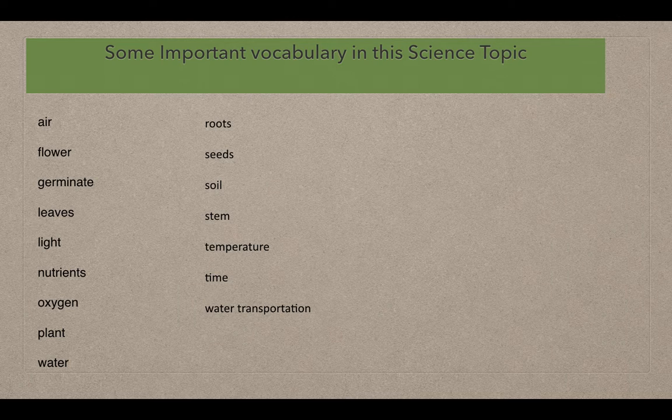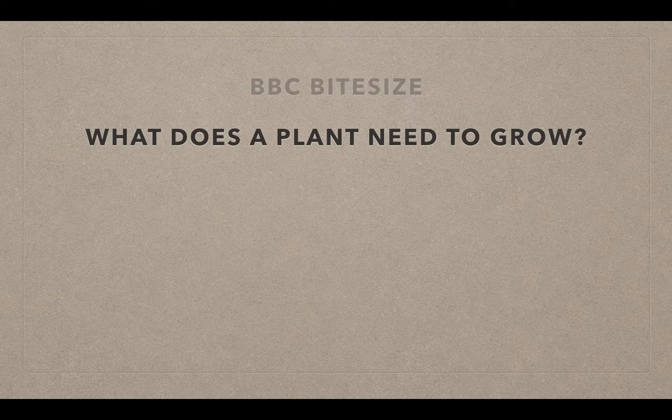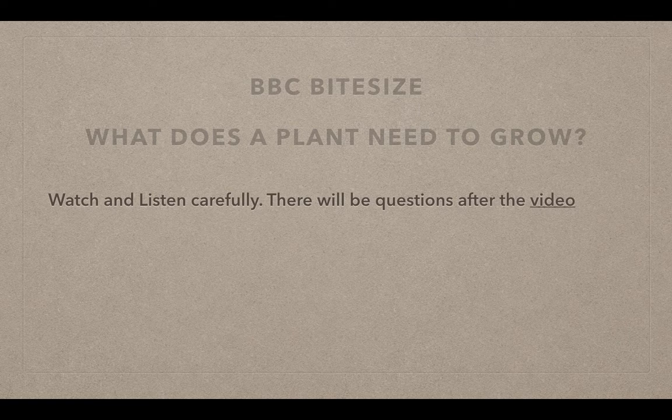So air, flower, germinate, leaves, light, nutrients, oxygen, plant, water, roots, seeds, soil, stem, temperature, time, water transportation are all words or vocabulary that you need to be able to use in this topic. So we're going to move now to our second video. So you need to watch and listen carefully. There will be questions after the video.